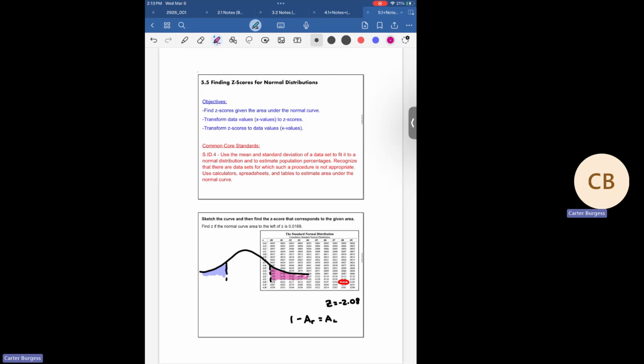Those areas should be the same, which is why you're seeing what you're seeing. Yeah, so just be careful about the direction that you're focusing on. But yes, it is going to give you something comparable.